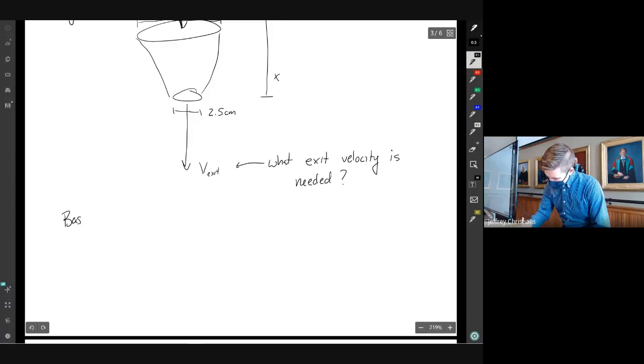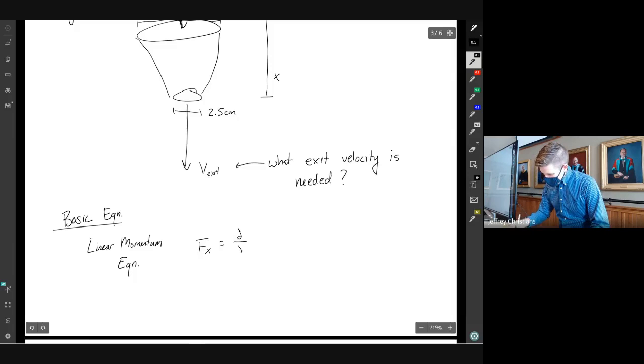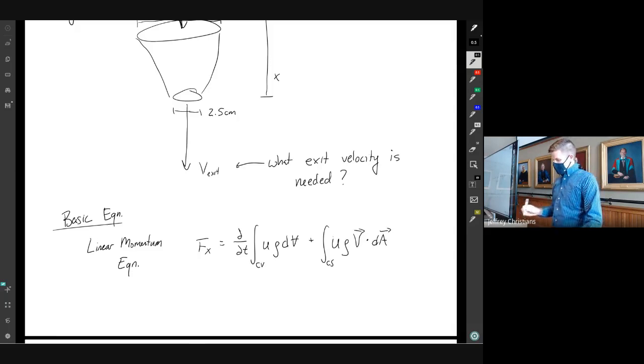Our basic equation is the linear momentum equation, which is that the sum of all the forces in the x direction is equal to d/dt of the integral of u rho d volume, plus the integral over our control surface of u rho velocity dot dA. Okay, so that's our basic equation.